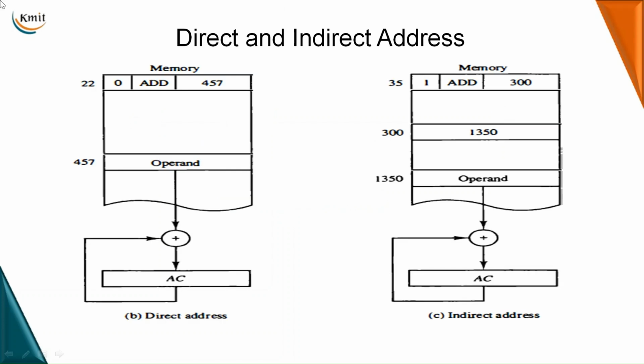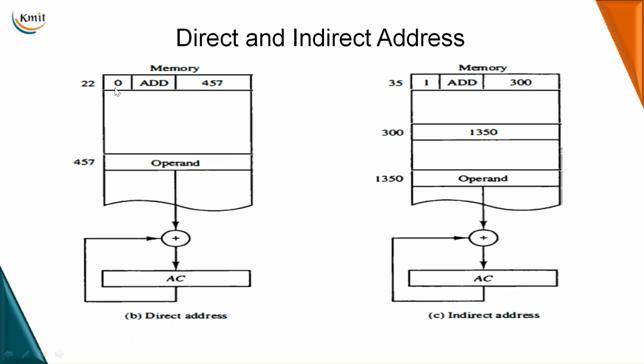Next, what do we mean by direct and indirect addressing? This is an example of direct addressing. Consider a memory unit with addresses. At address location 22, the instruction has been stored in memory.